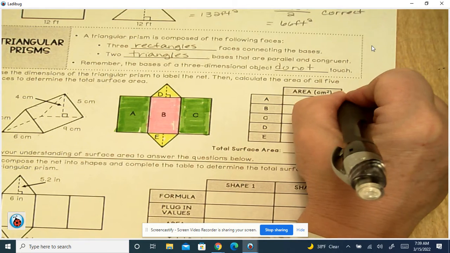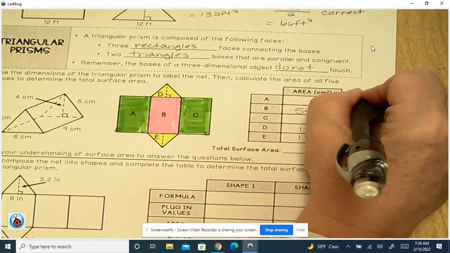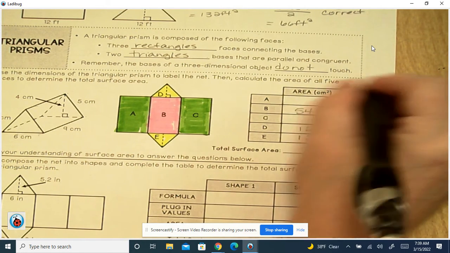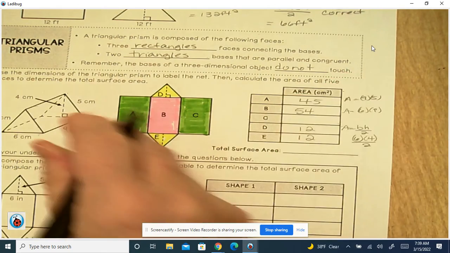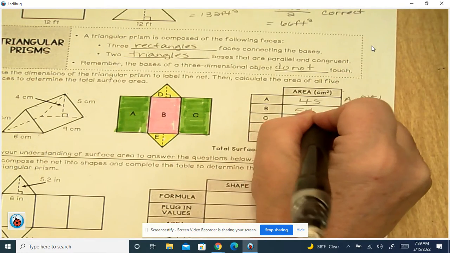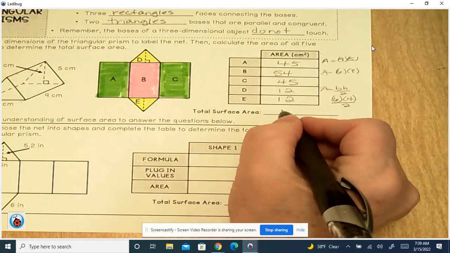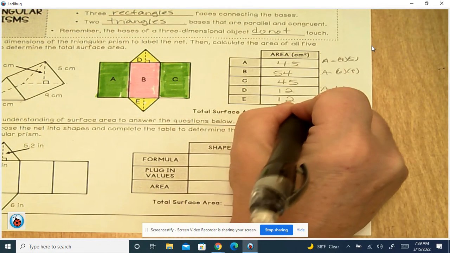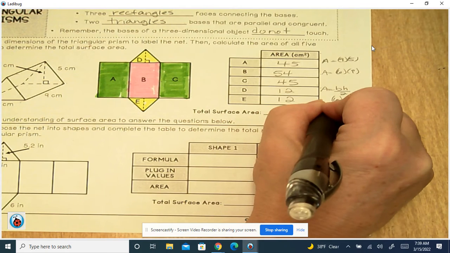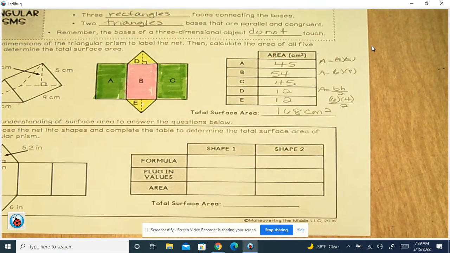So we've got a base of 9 and a height of 5, and that gives you 45, and A and C are the same. So that one was 45. So if we add all of these up together, we get 168 centimeters squared.